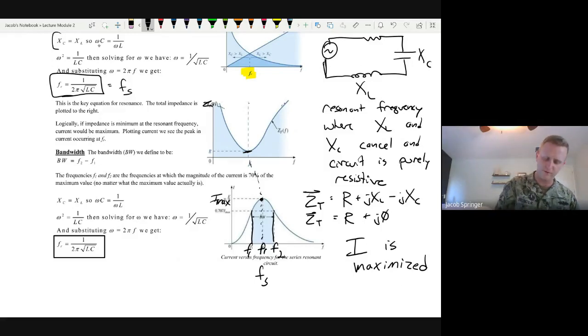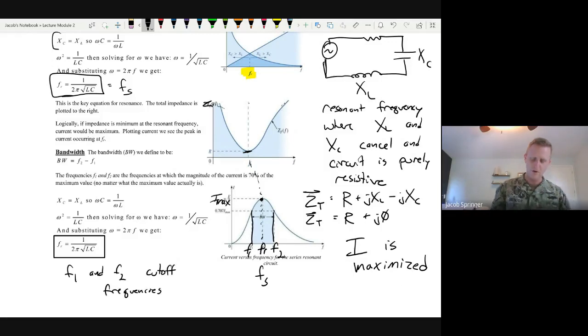The bandwidth can be defined as going between those two. And so those are where it's still very effective at sending out the current. And what we'll see here is that that's at 0.707 of whatever the Imax was. And so that's the limits of the bandwidth.